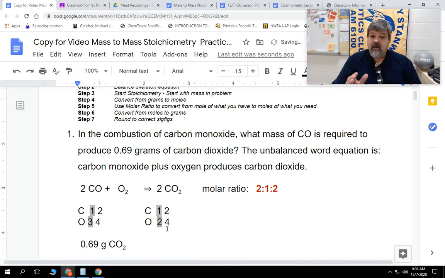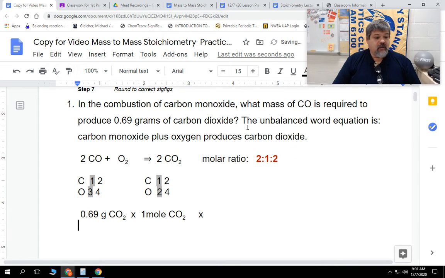We're always going to do our conversion, our times and a line. And remember that we're going to put moles on top and molar mass on bottom. So we know that the molar mass of carbon dioxide equals 1 mole of CO2.